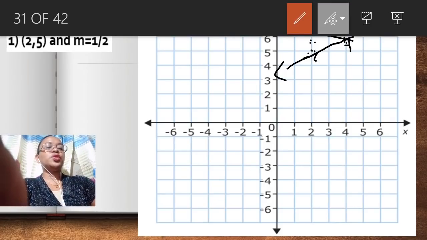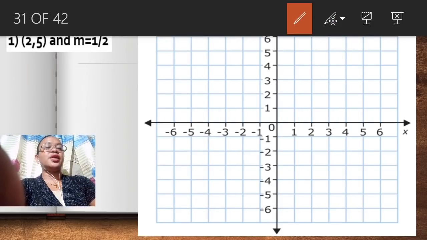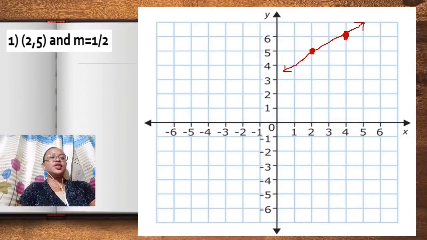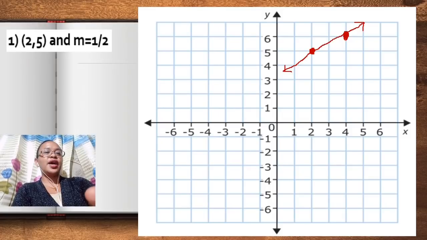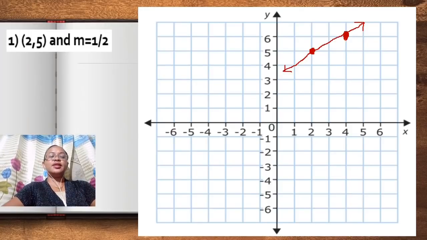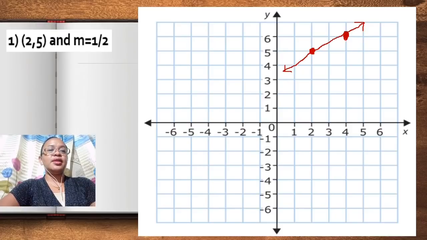So to give the answer clearly, we will have this one for a while. Okay, so this is now the answer. You see, you start at 2, 5, and then you go up 1. So 1 point up, there.